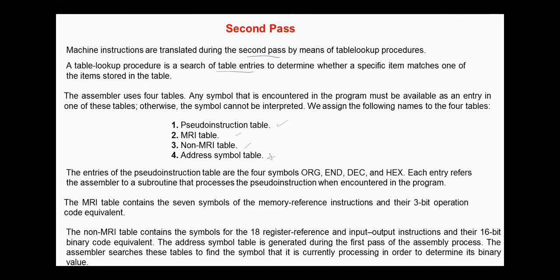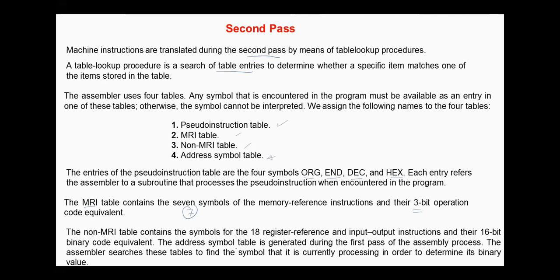The entries of the pseudo instruction table are the four symbols org, end, decimal, and hexadecimal. Each entry refers the assembler to a subroutine that processes the pseudo instruction when encountered in the program. The memory reference instruction table contains 7 instructions and their 3-bit operation code equivalent.